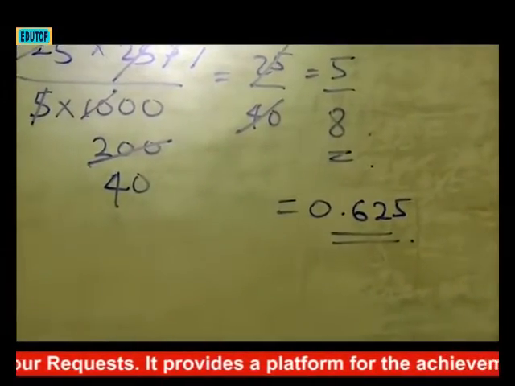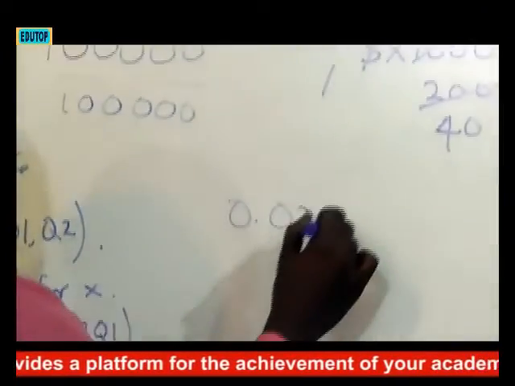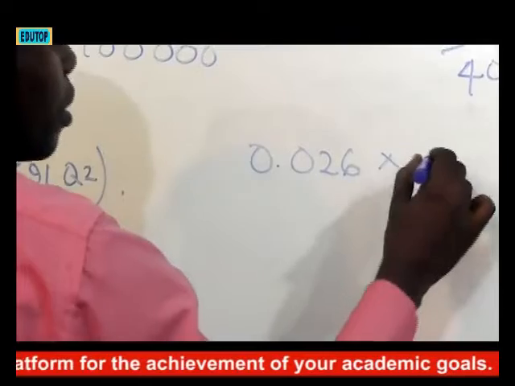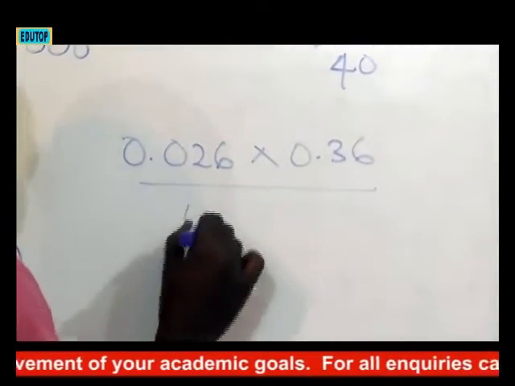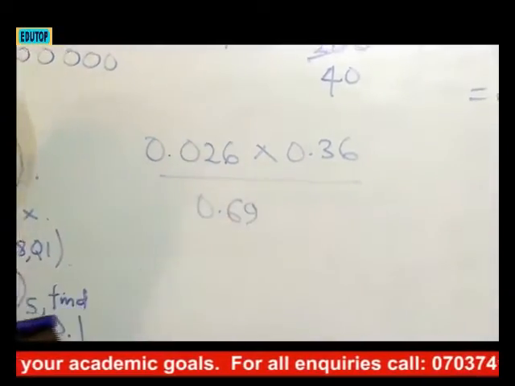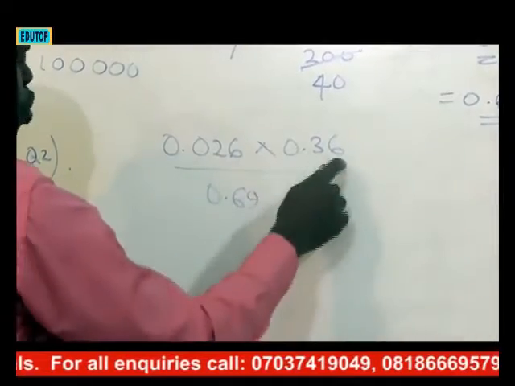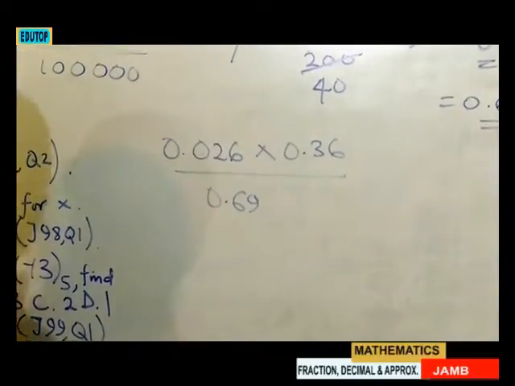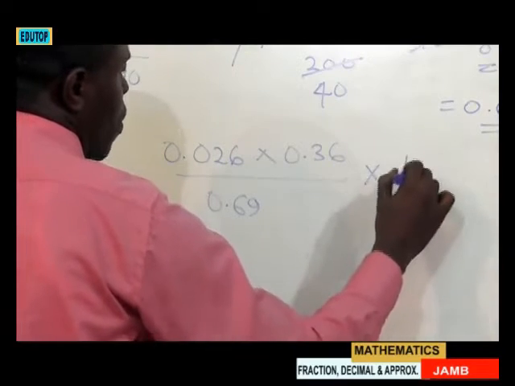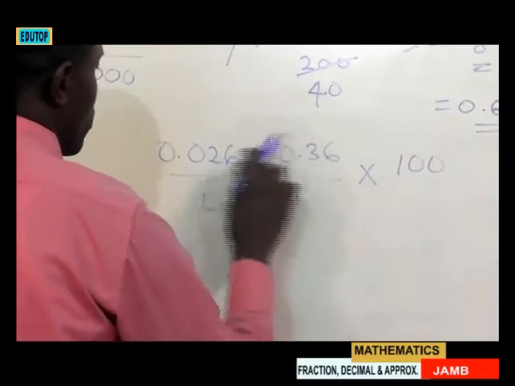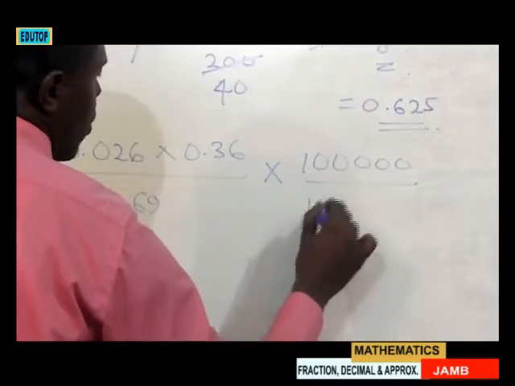Then the second one also follows the same trend: 0.026 times 0.36 divided by 0.69. You also count the number of decimal places: 3, 2, 2, making it 7... that is, we multiply by a fraction of these zeros, 100,000 over another 100,000.